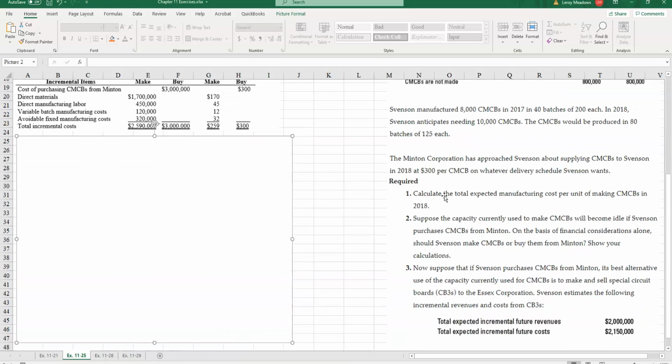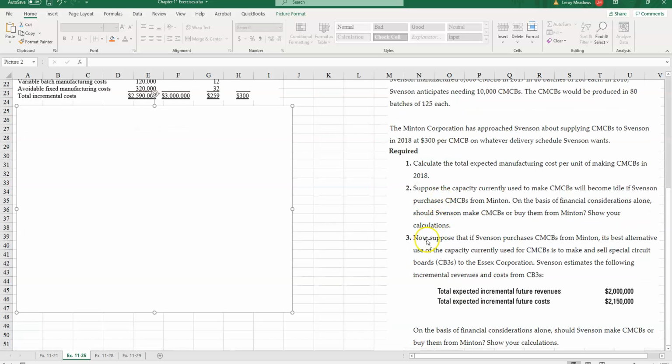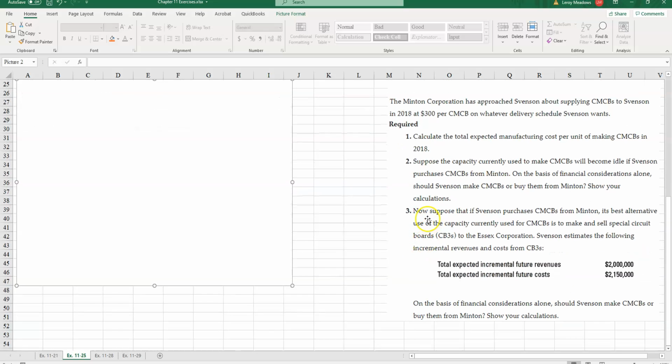So now suppose that as Svensson purchases CMCBs from Minton, its best alternative use of the capacity currently used for making CMCBs is to make and sell special circuit boards to the Essex Corporation, the CB3s. Svensson estimates the following incremental revenues and costs from CB3s.